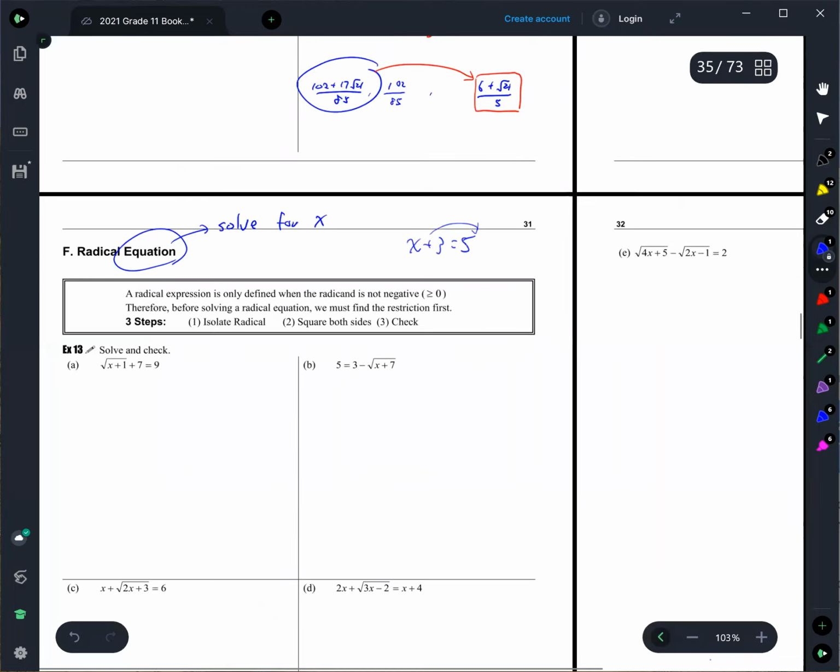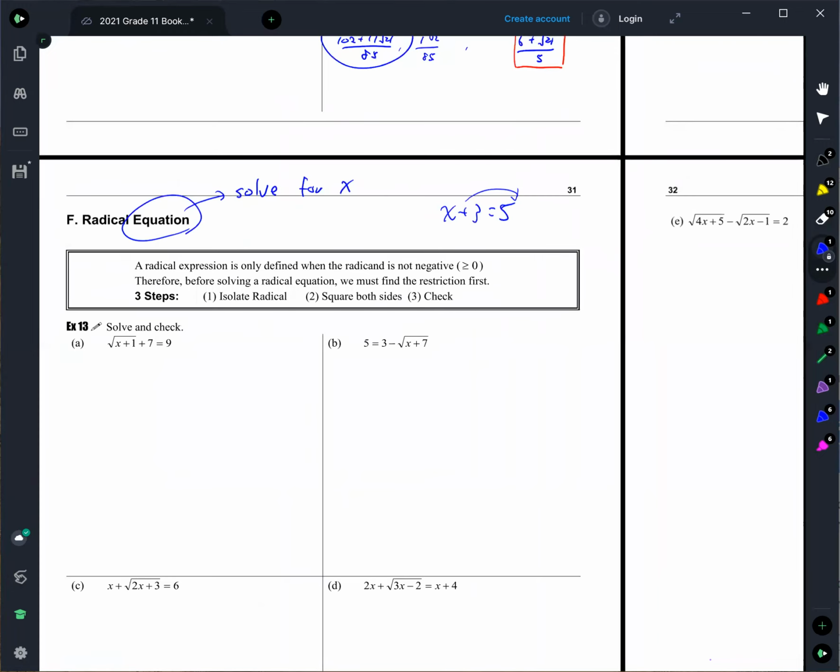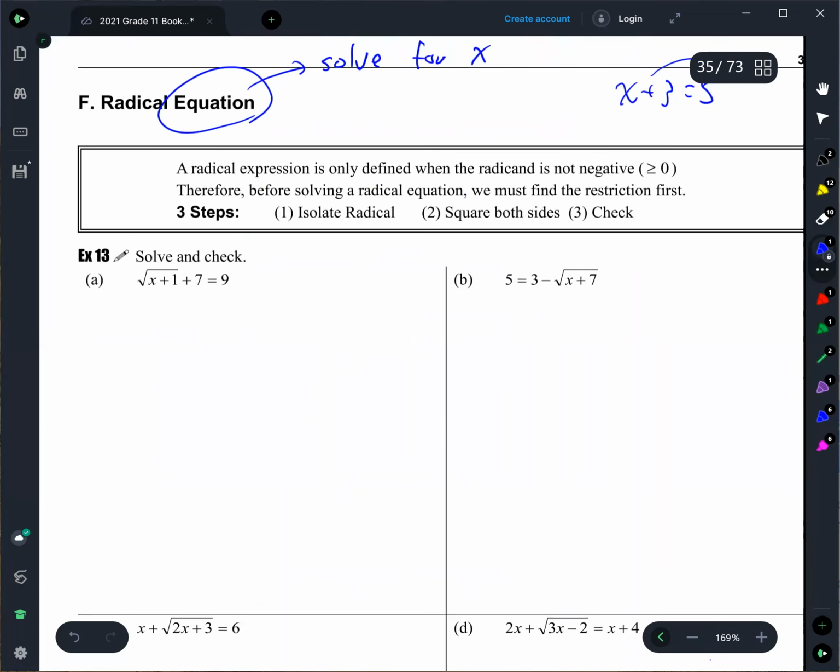So the first thing we want to do is make the square root go away. By now we know that to cancel out the square root, the opposite thing we can do is to square. For example, if you have the square root of x, when you square that, it just becomes x. It cancels out.